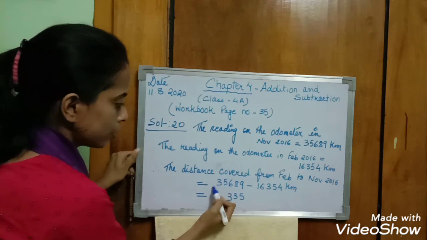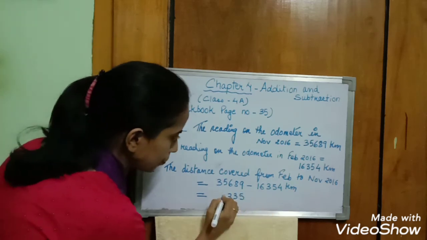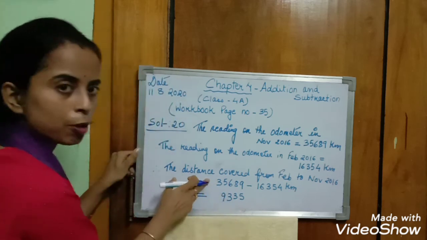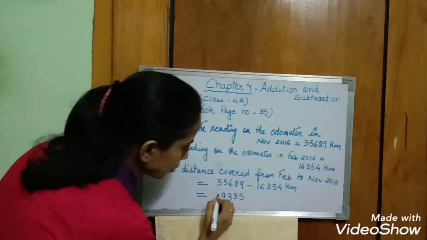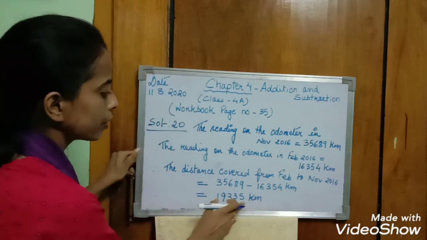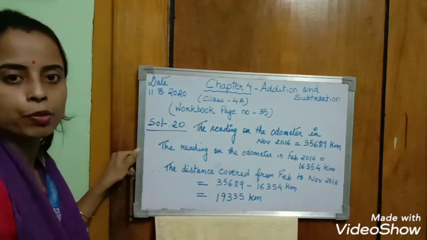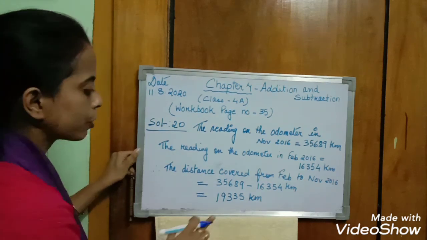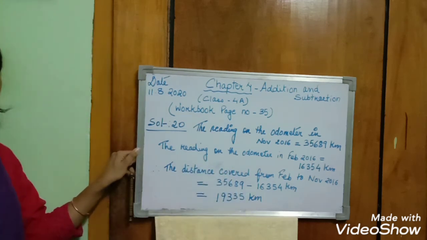So, you just borrow from 10,000's place 15. 15 minus 6, 9. So, it remains how much? 2. So, 2 minus 1, 1. So, the answer is 19,335 kilometer. What was the distance covered from February to November? The distance covered from February to November is 19,335 kilometer.